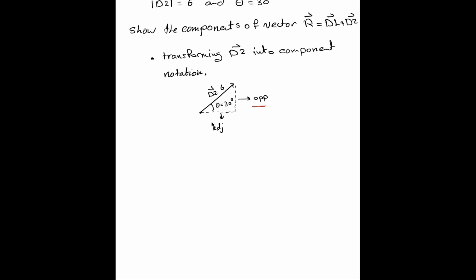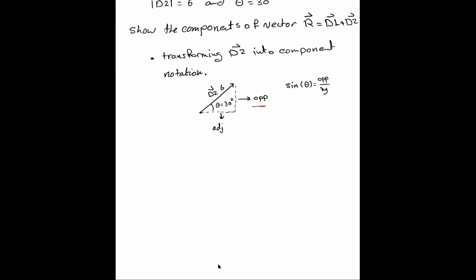From our trig identities, we should pick the one where opposite is unknown and hypotenuse and the angle is known. And that trig identity will be sine, because we know that sine of theta is equal to opposite over hypotenuse.